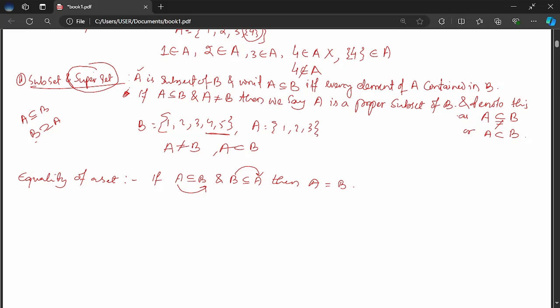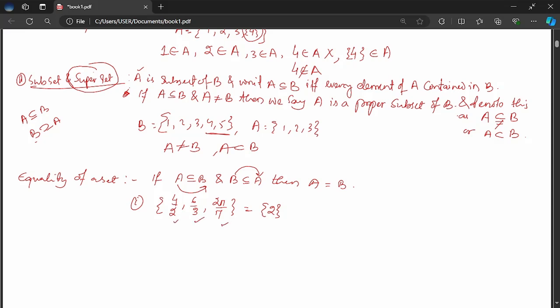For example, if I write a set {4/2, 6/3, 2π/π}, it is equal to the set {2}, because on simplifying, this is also 2, this is also 2, this is also 2.